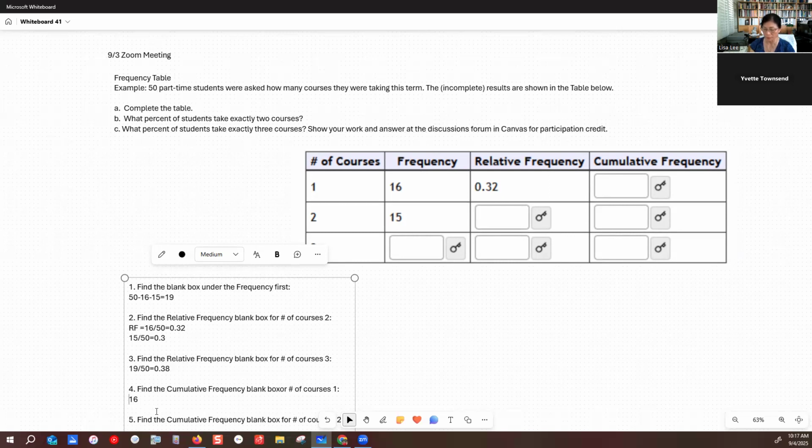Don't need to write anything else, okay? So the answer, I just put the frequency, equals 16. Okay. Then the following box, the following questions.